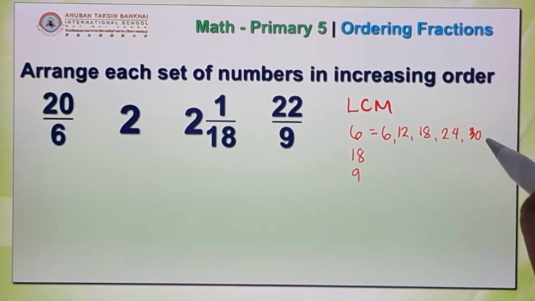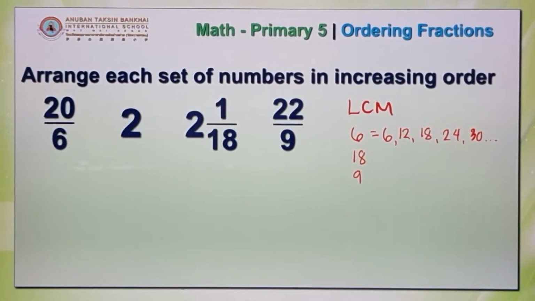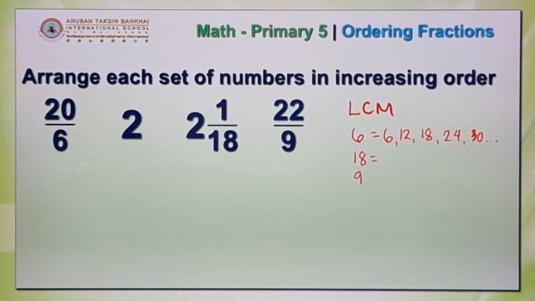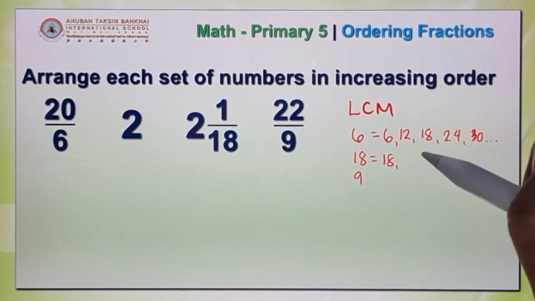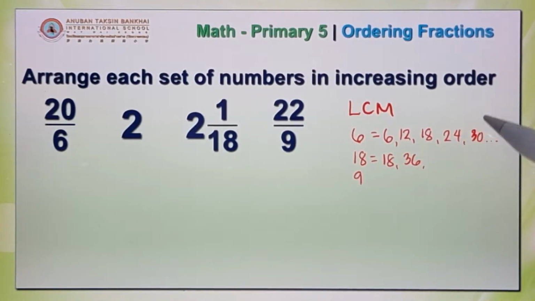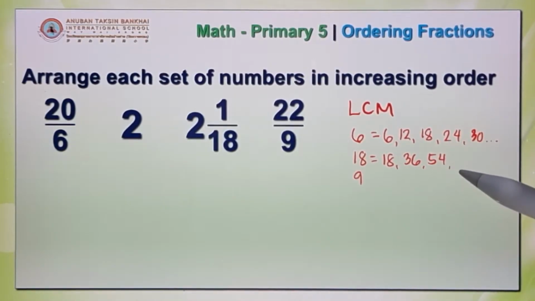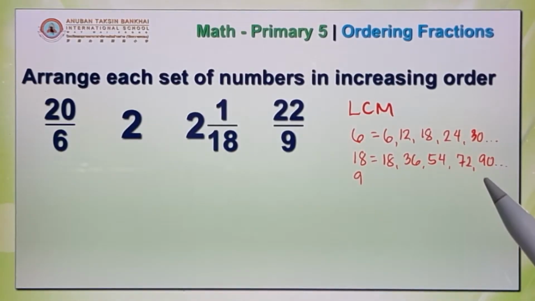Again, we can continue if we don't have a common multiple. Next, we have 18. So we have 18, 36, 54, 54 plus 18 is 72, and 72 plus 18 is 90. Okay, let's just have those 5 multiples.